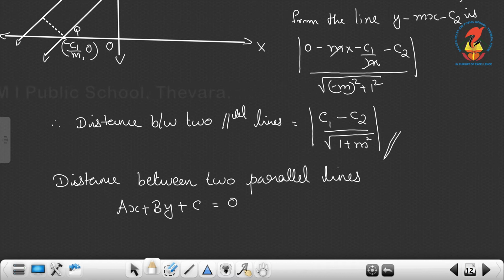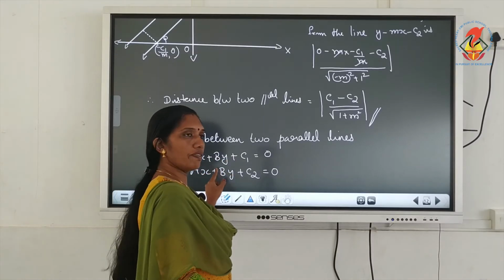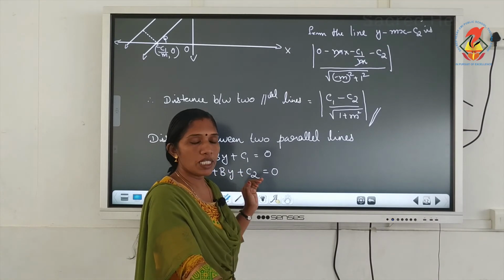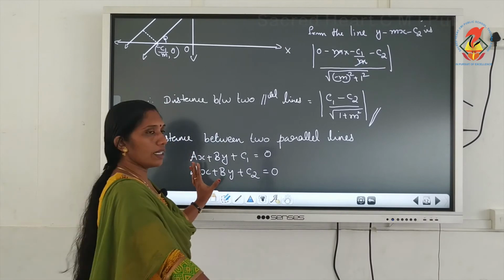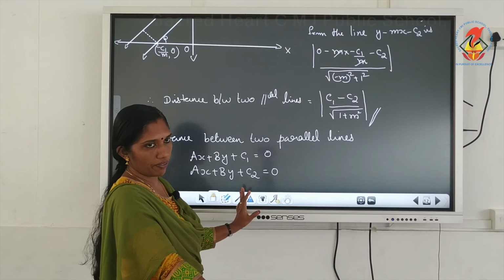Here I am writing one as c1, the other one as c2. For parallel lines, the coefficient of x and coefficient of y are equal or proportional. Then only the slopes will be equal. So always the parallel equations are in this form, and the constant will be different.